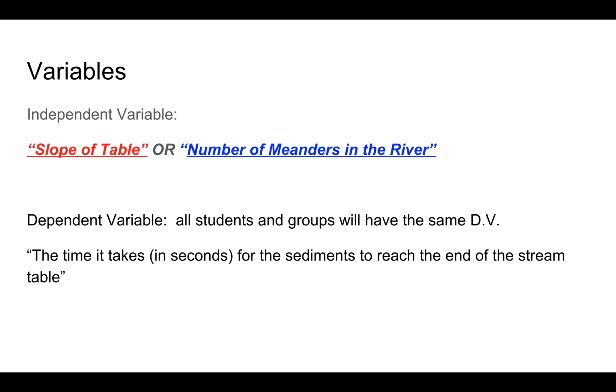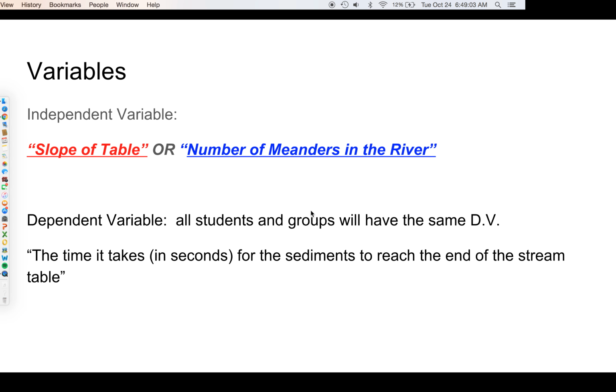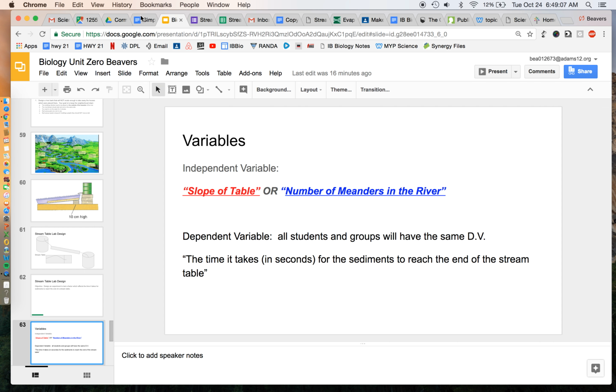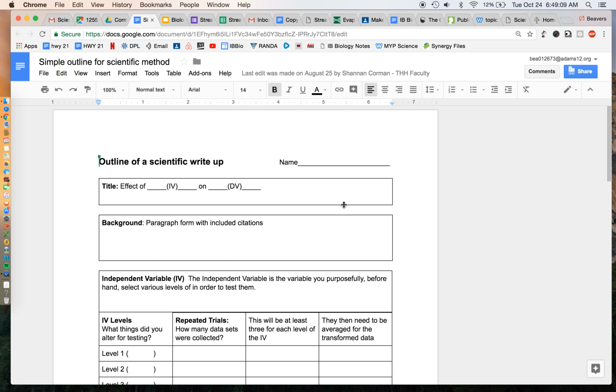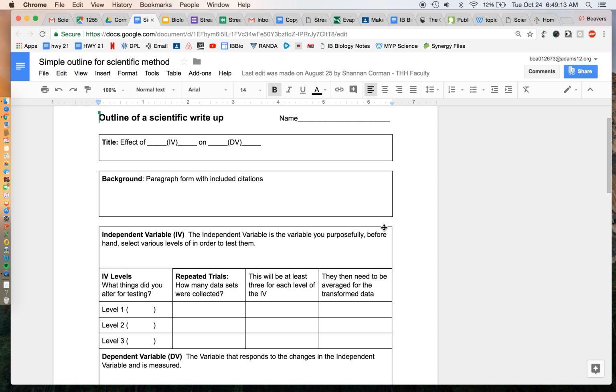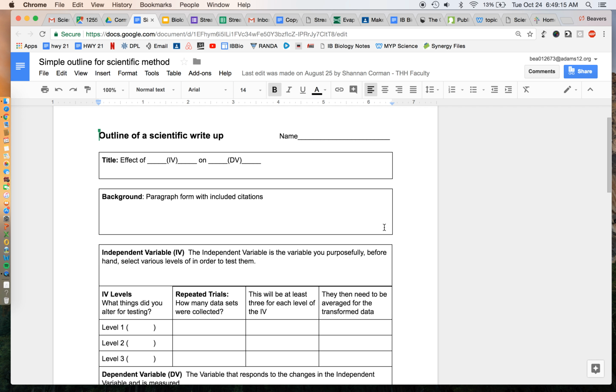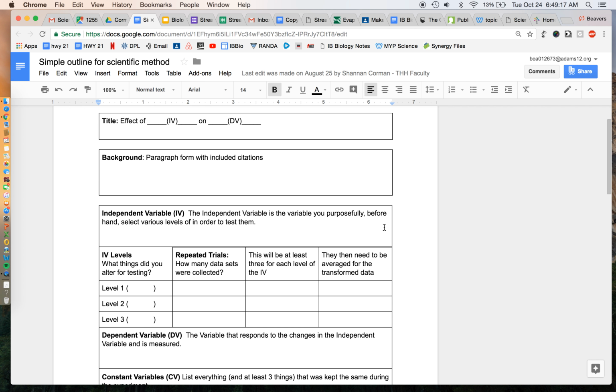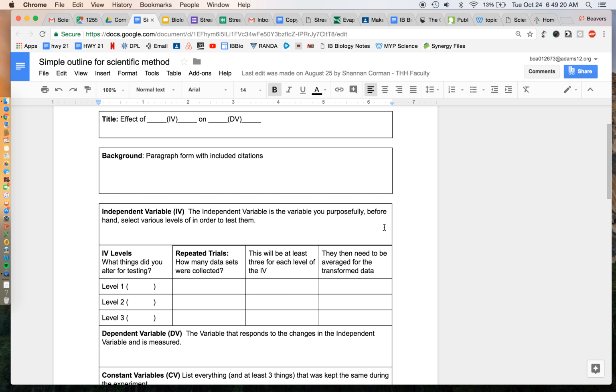So let me back up here. I'll back out of this. You will be given this paper by the sub today, and it's a rough outline of what you need to do in order to design your experiment, your stream table investigation.